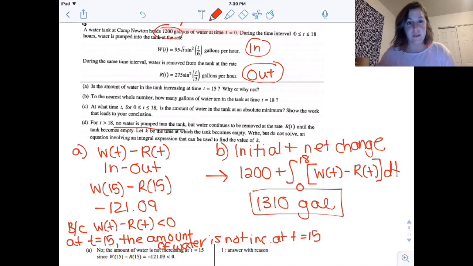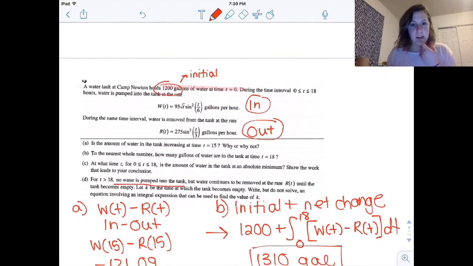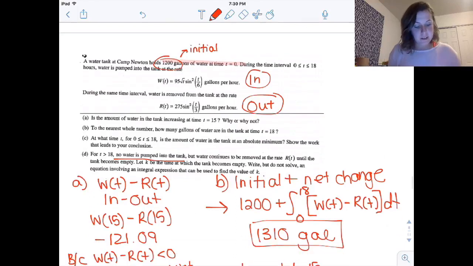The idea here is that I know that I'm only losing water now. We said in part B that at 18, this is how much was in the tank. So what I really want to know is how long it will take to have that removed.